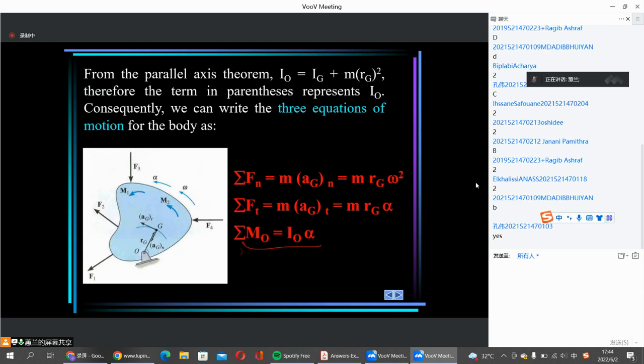When you understand this, things will be easier because you will use what you have learned in statics. When there are two equivalent force systems, what kind of relationship should they have? Same resultant force, same moment about any point.